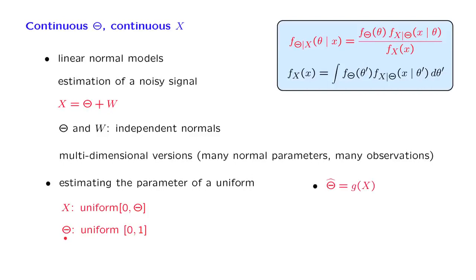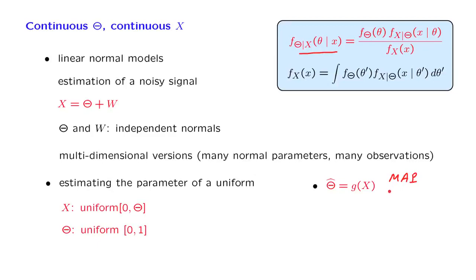So what are the questions in this setting? We wish to come up with ways of estimating theta. We form an estimator, and the main candidates for estimators at this point are, once more, the maximum a posteriori probability estimator, which looks at this conditional density and picks a value of theta that makes this conditional density as large as possible.